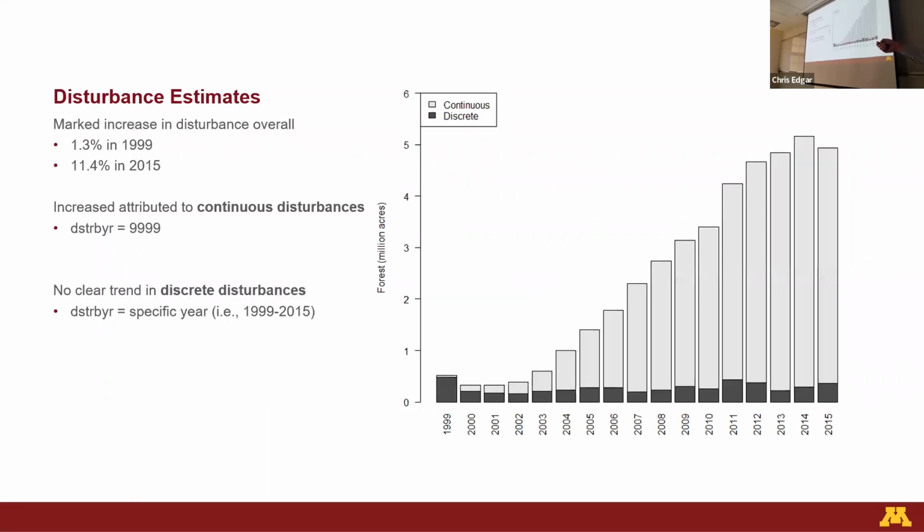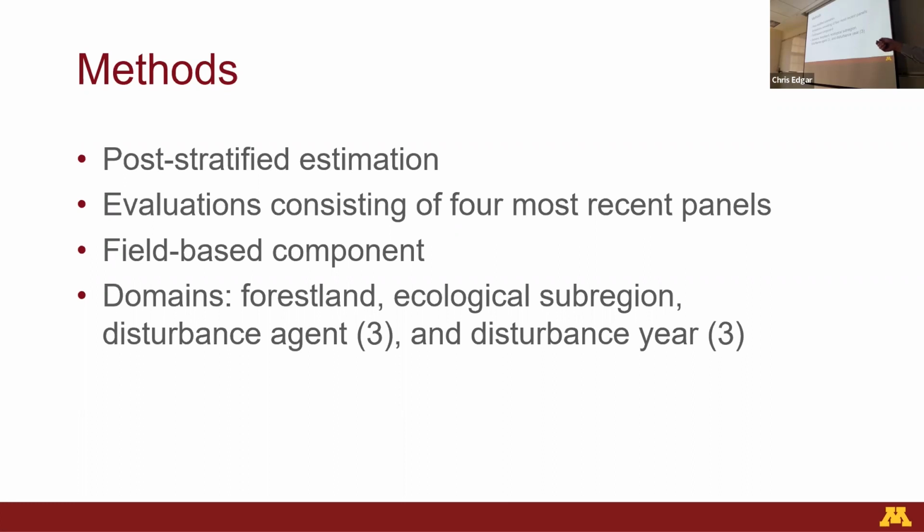Using the field-based component. And so this is we're talking plots where people have actually been out in the woods and observed disturbances. And in terms of the domains for the estimation, forest land, Laurentian Mixed Forest, the disturbance agent and year.